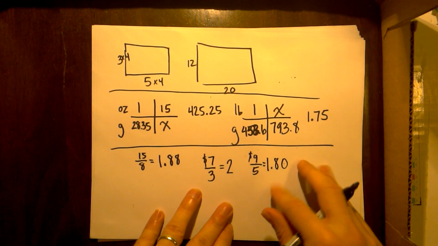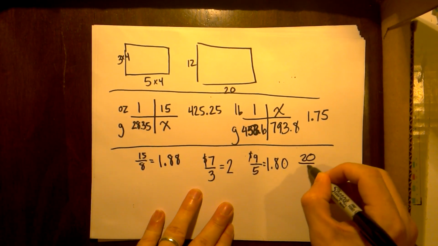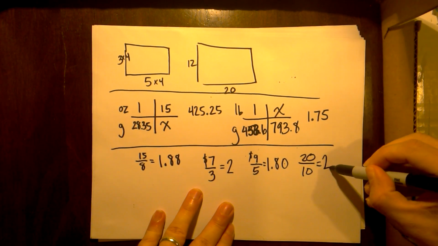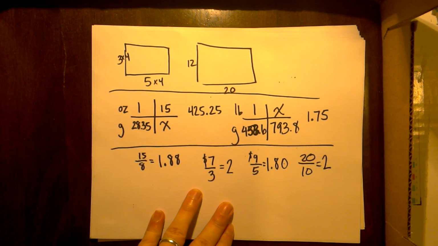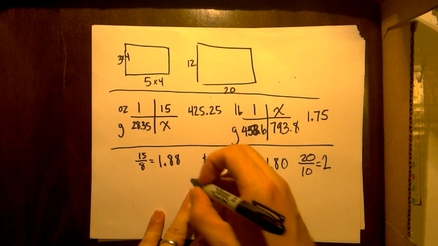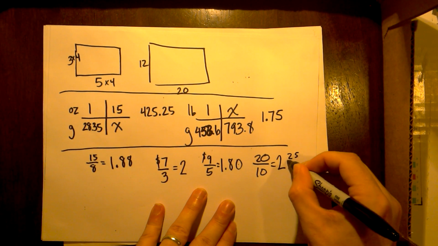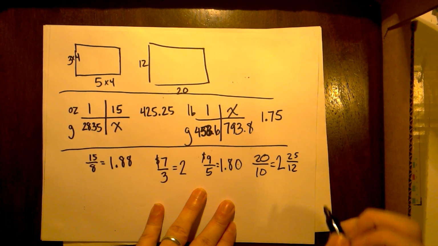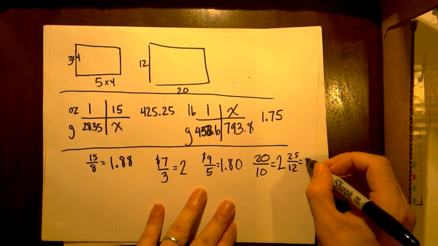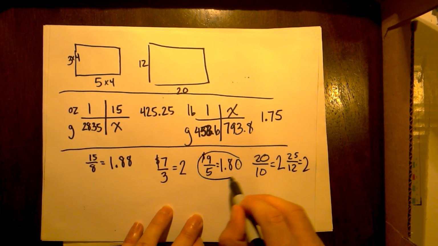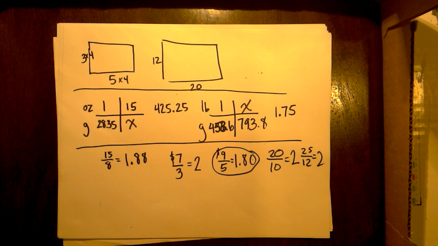Double check the other ones. $20 for 10. 10 goes into 20 2 times. That's bigger than 1.88. And the last one, $25 for 12. 12 goes into 25 2 times with 1 left over. So here is the only one that's less than $2. It's got to be that one.